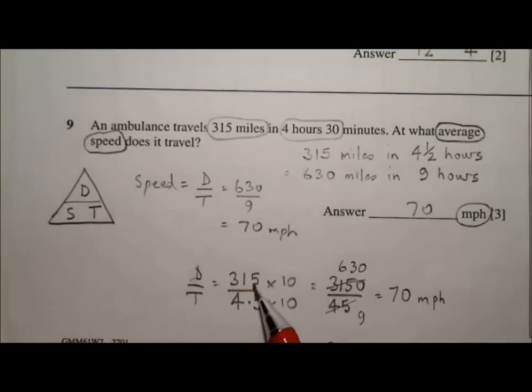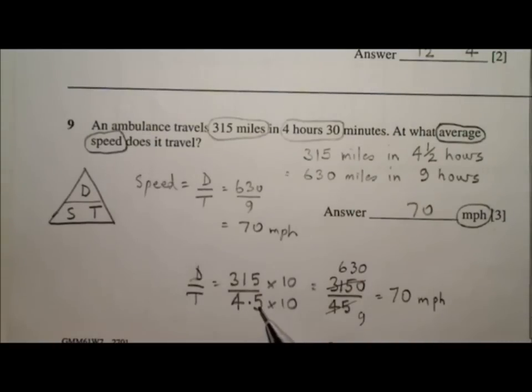Usually if you're dividing 315, which is the distance, by 4.5, which is the time, the 4 hours 30 minutes, normally we would ask you to multiply the top and bottom by 10 to try and get rid of this decimal number here. So you would multiply the top by 10, gives you 3150.